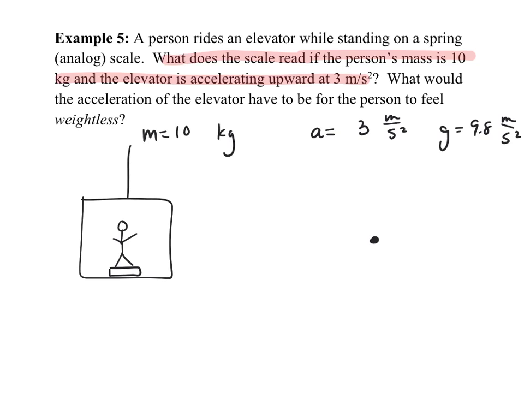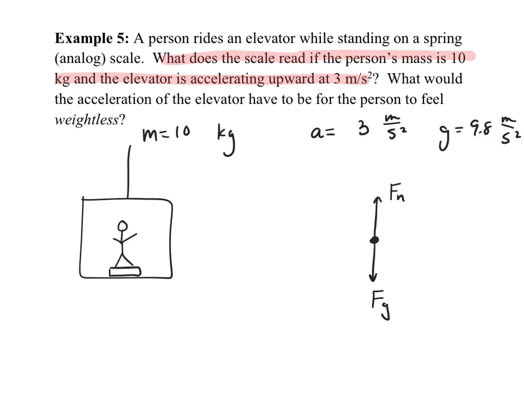So mathematically here, I'm drawing a free body diagram of the person. Not the scale, not the elevator, but the person. What acts down is the person's weight, and that always acts down. Because the person is resting on a surface, what acts up also? Normal force.